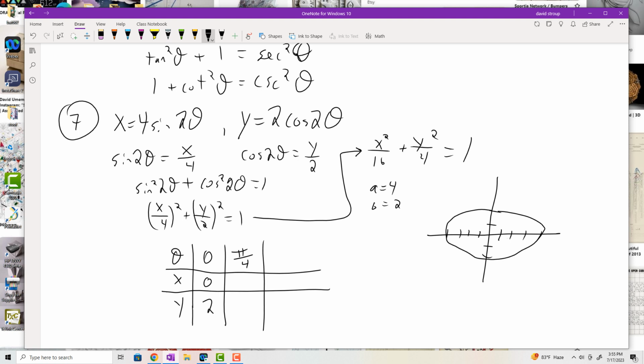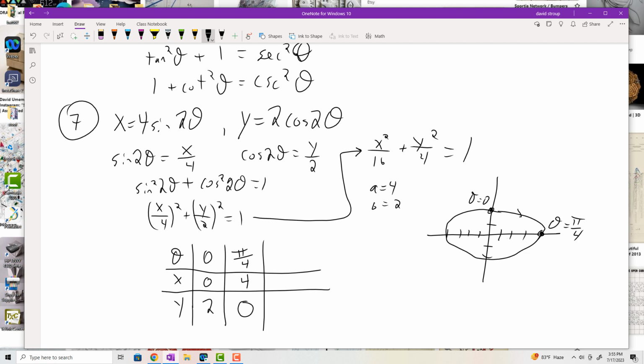In that case, you'll have x equals 4 sine of pi over 2, which is 4 times 1, which is 4, and then y equals 2 cosine of pi over 2. 2 times pi over 4 is pi over 2, folks. So you get cosine of pi over 2, that's of course 0. 2 times 0 is 0. So I have (0, 2), which is right here, when theta is 0. And then you'll have (4, 0) when theta is pi over 4.